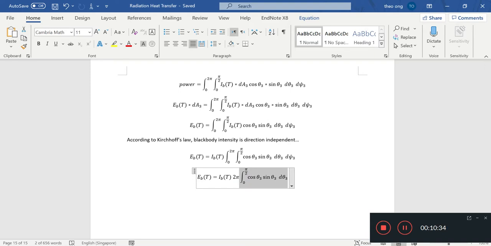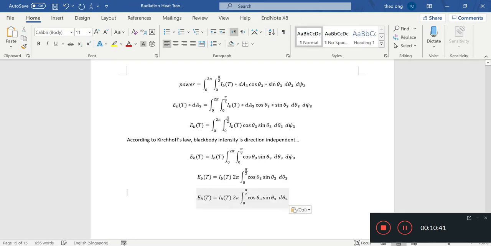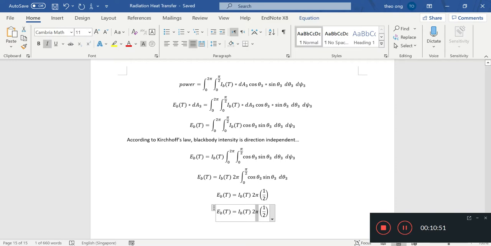You can take my word for it, or go and prove it yourself. Whatever you integrate here will become half. This is pretty simple integration.